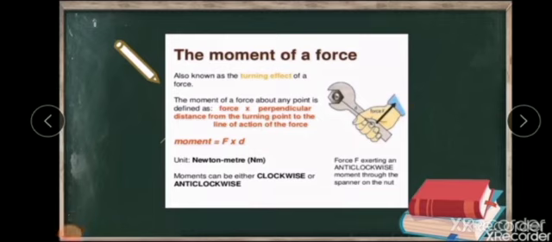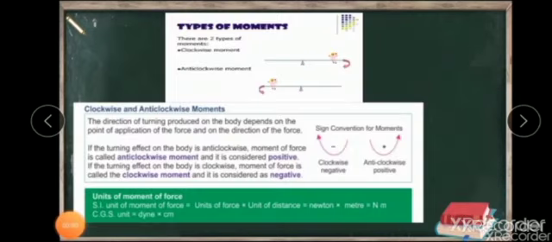We can define the moment of force as the force multiplied by the perpendicular distance from the point of action of the force. This is the turning effect of a force, or moment of a force, or torque. It is equal to force into perpendicular distance. The unit is Newton meter.